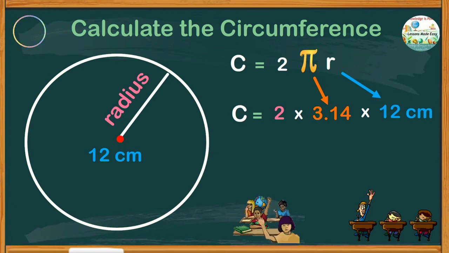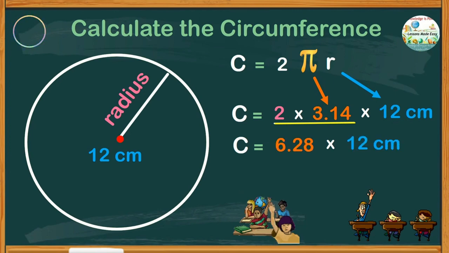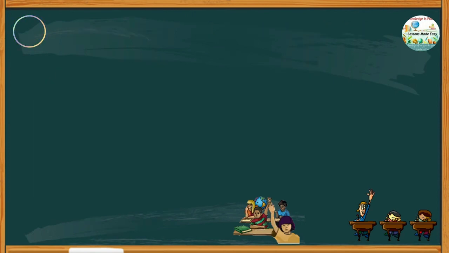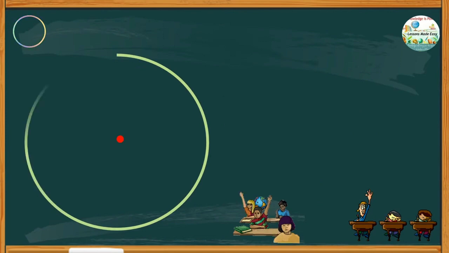Because we have 3 given quantities, we have to multiply the first 2 numbers, which is very small. 2 times 3.14 would give us 6.28, and then multiply this number by 12. We get a product of 75.36. So the circumference is 75.36 centimeters.